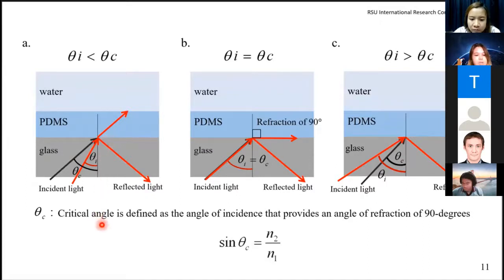The critical angle is defined as the angle of incidence that provides a reflection angle of 90 degrees, as shown in figure B. If the incident angle is less than the critical angle, it can provide the transmission and the reflection effect at the interface. And if the incident angle is more than the critical angle, all of the light will be reflected at the interface, as shown in figure C.